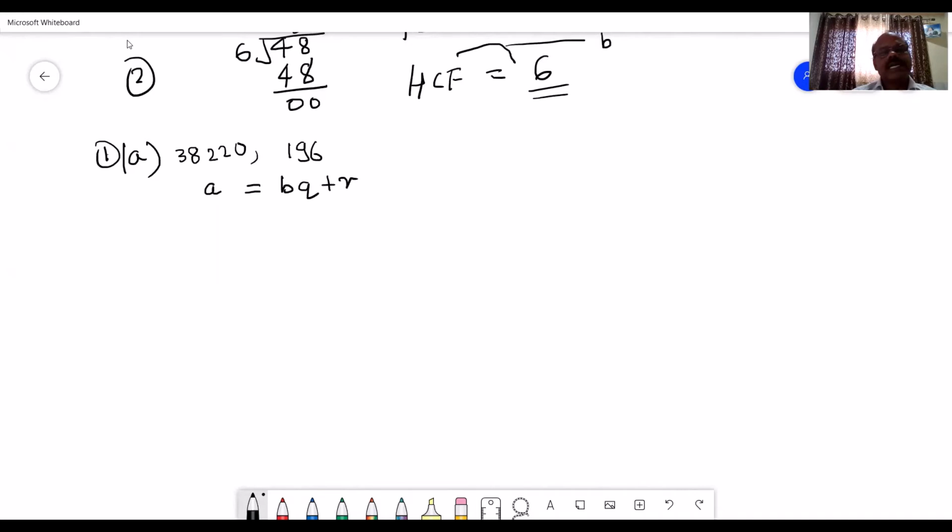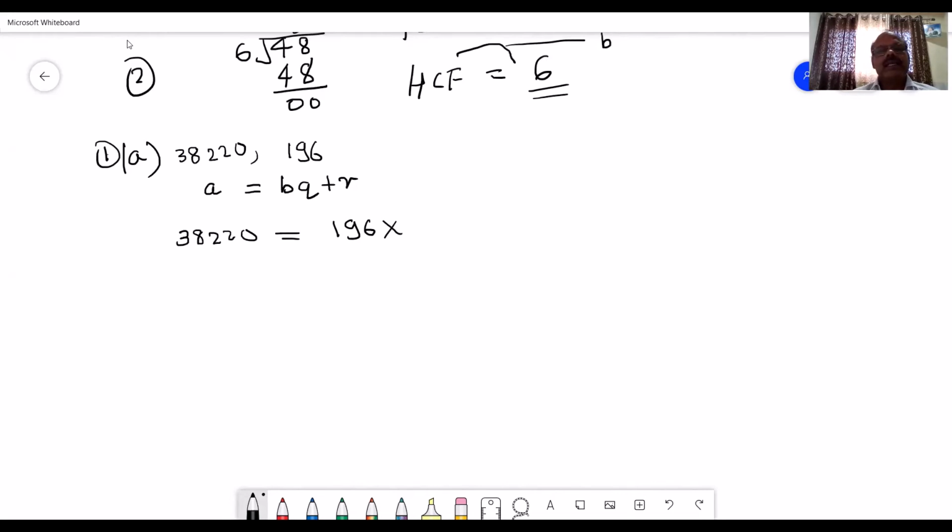The first highest number will be representing the variable A. That is, 38,220 will be A and B will be 196. Multiplied by how many times 196 will go through 38,220?